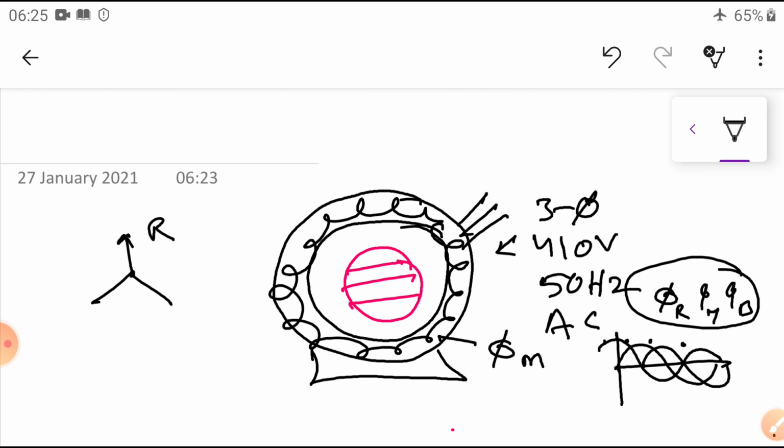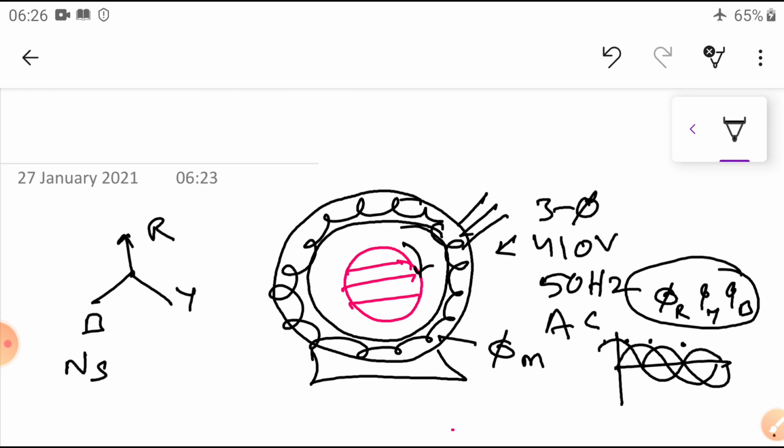Similarly, the flux produced is also 120 degrees apart, and due to the distribution of this magnetic field, it rotates in the air gap at synchronous speed.